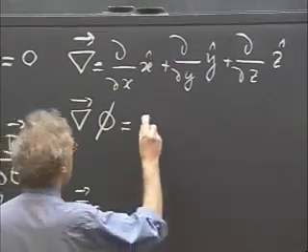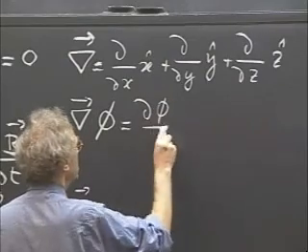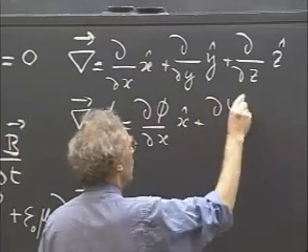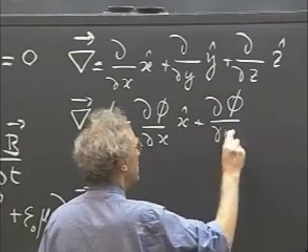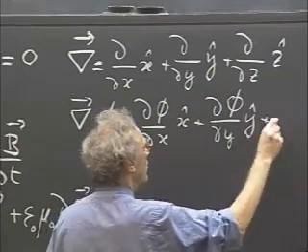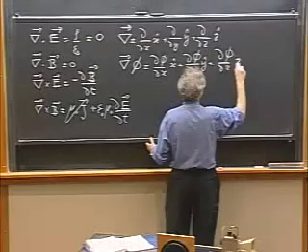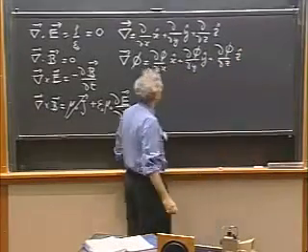That's a vector: d phi/dx, x roof, plus d phi/dy, y roof, plus d phi/dz, z roof.